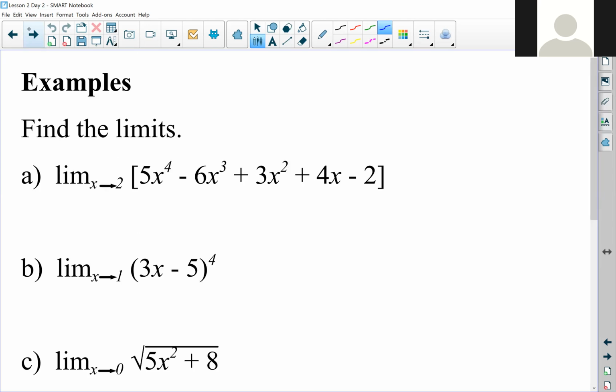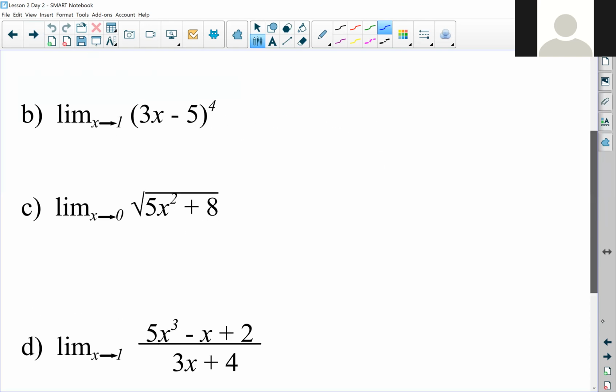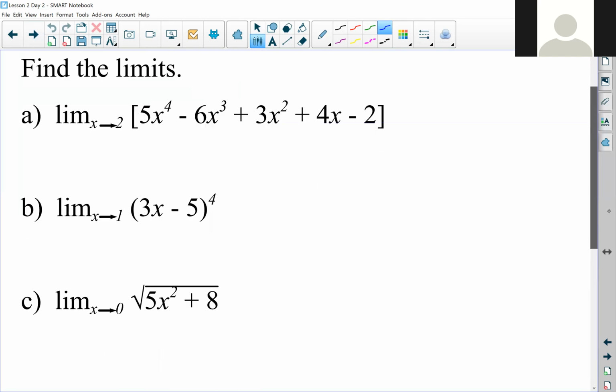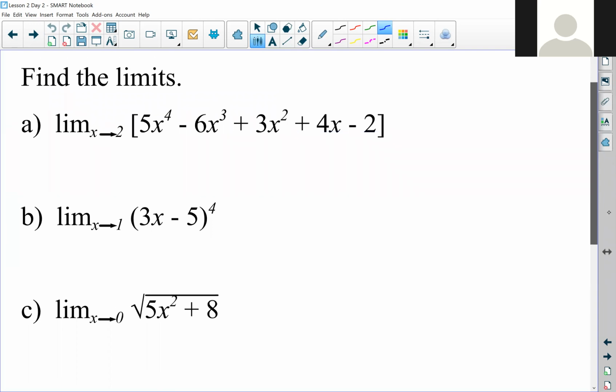All right, so find the limits. And we're going to do 5 of them. So the first one we have is the limit as x approaches 2 of a polynomial, 5x to the 4th minus 6x cubed plus 3x squared plus 4x minus 2.